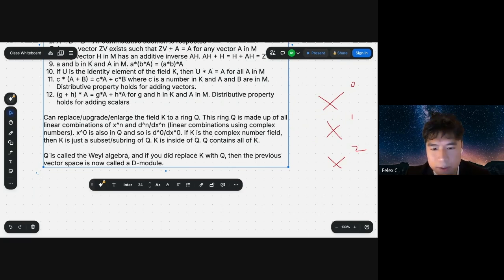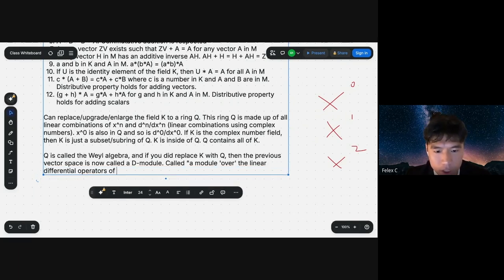Sometimes people call this a module over the linear differential operators of one variable.